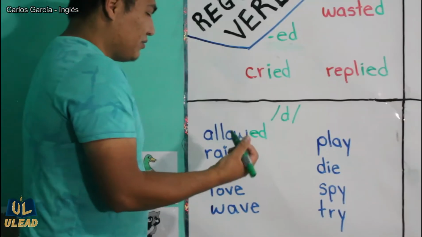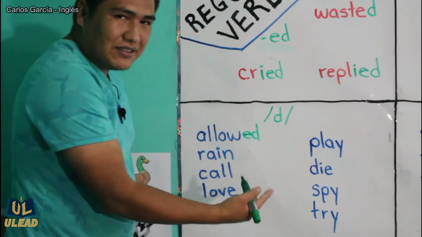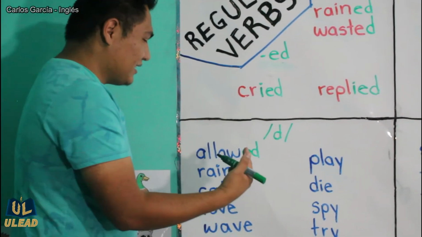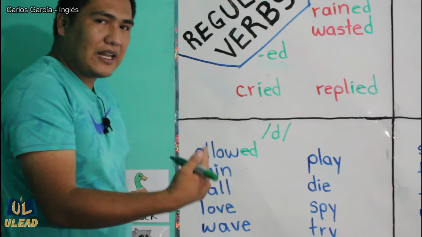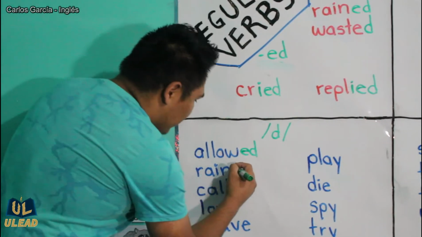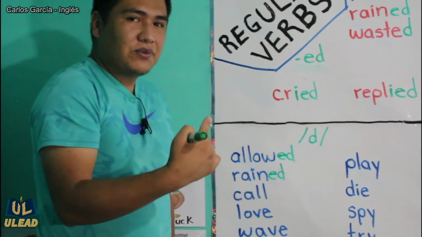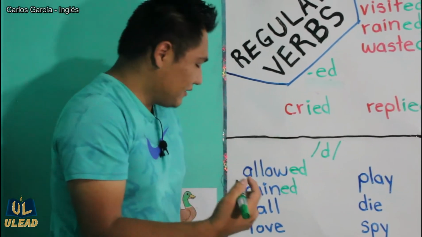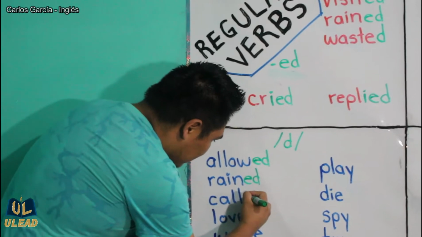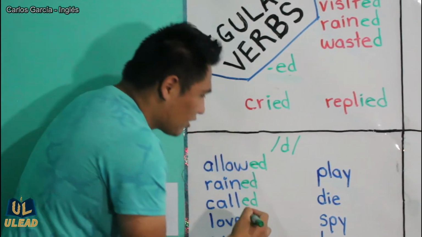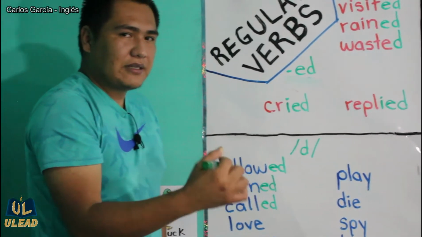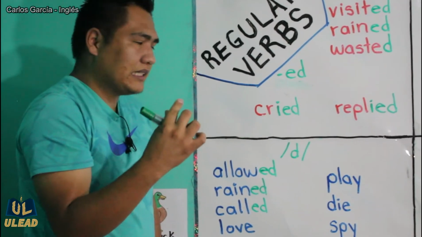Okay, you are not going to say allow it. Okay, it's not allow it. It's allowed. Allowed. Okay. Rain, for example, it's not rain it. It's rained. Rained. Okay. Call. Called. Make sure you pronounce the d.